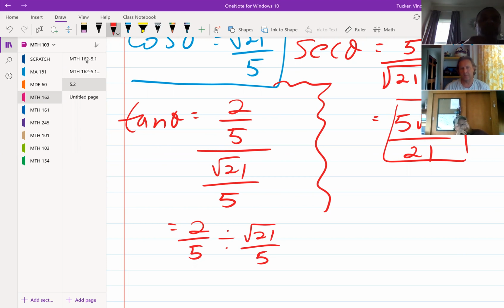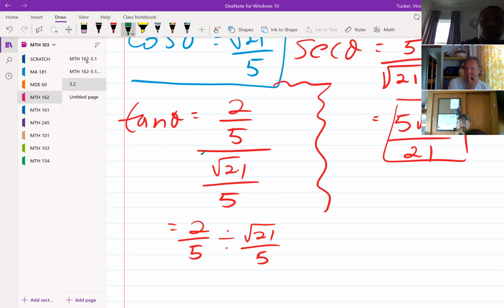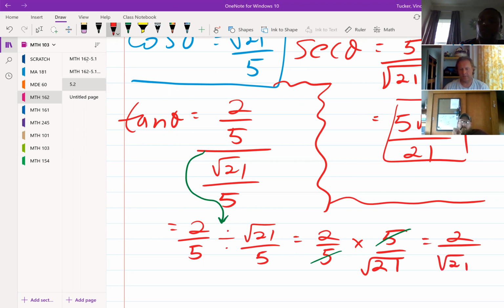This division symbol and this are the same. One is written vertically versus the other one written horizontally. So don't forget, whenever you're dividing by a fraction, you're multiplying by the reciprocal. So 5s will cancel. 2 over square root of 21.